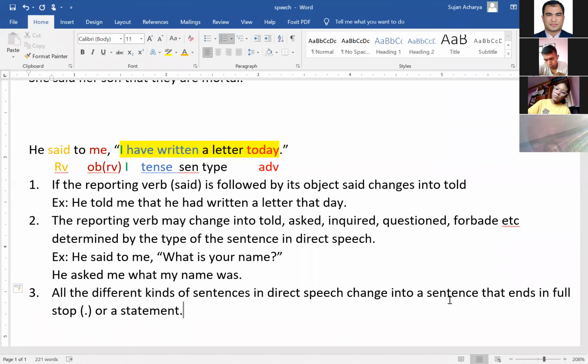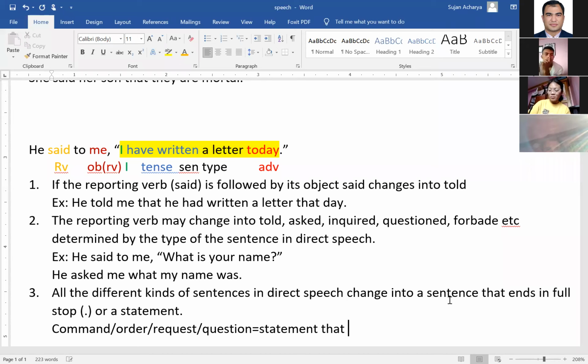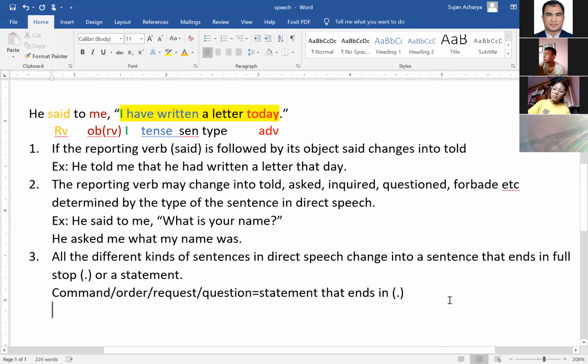There are different kinds of sentences: command, order, request, question, and they all change into a statement that ends in a full stop. Not what was my name, but what my name was, full stop.